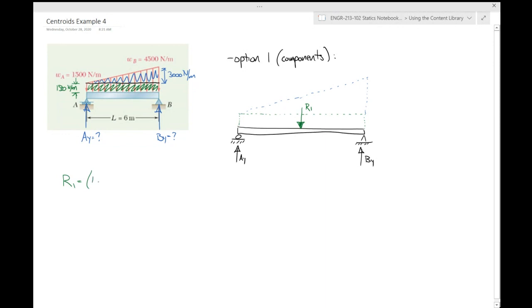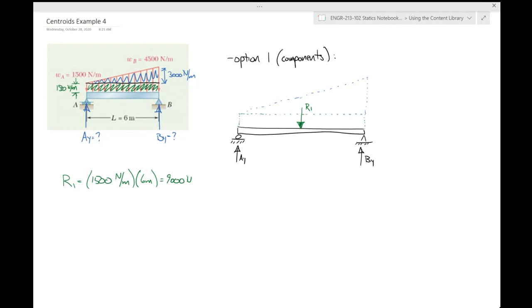I have 1,500 newtons per meter times 6 meters, 9,000. One way you can think about it is, what is the area of that rectangle? It's 6 meters wide, and it's 1,500 newtons per meter tall. So you're basically just computing the area of this rectangle, right?